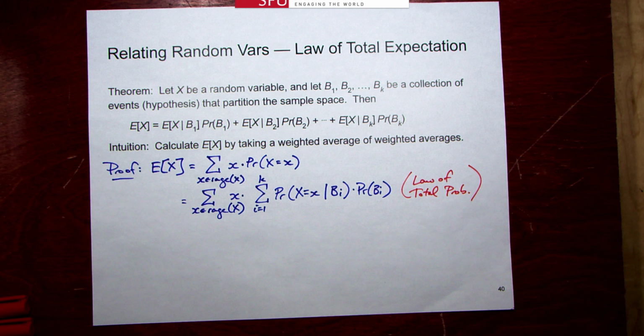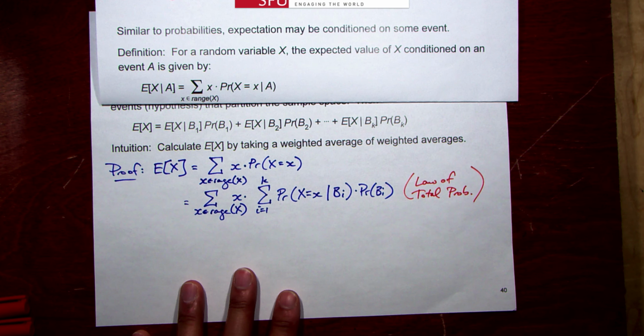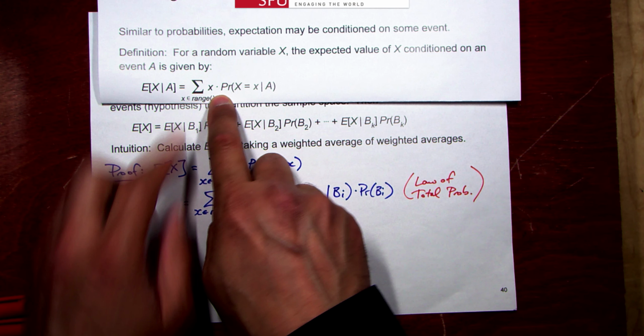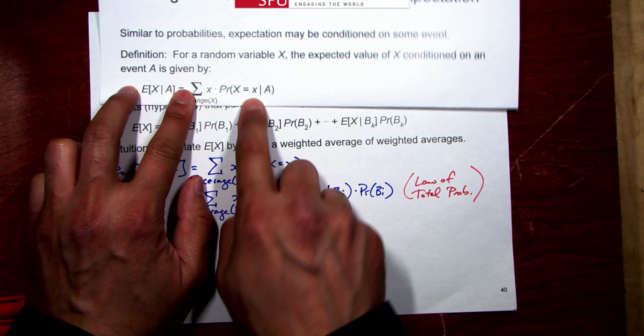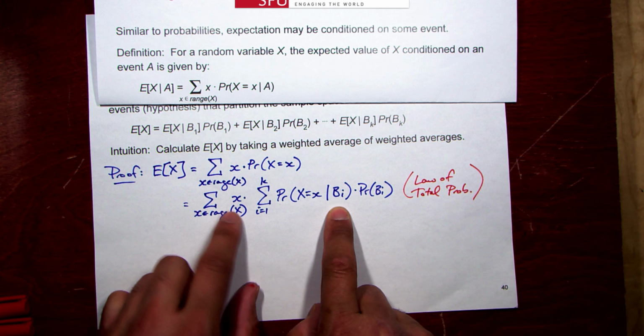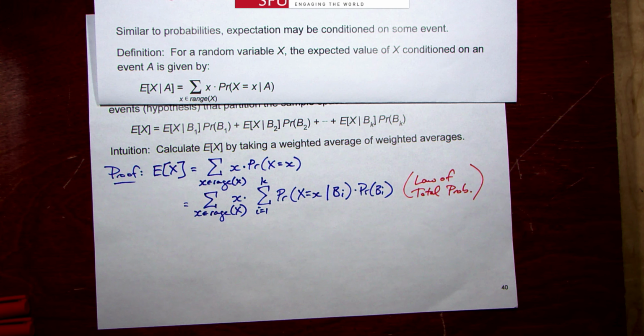Okay, so we would like to use this at some point. This is not too bad. You see, x times the probability that X equals x given B_i. We're just missing this x. That's okay. This sum doesn't depend on x, so we can move that inside. That's getting closer.